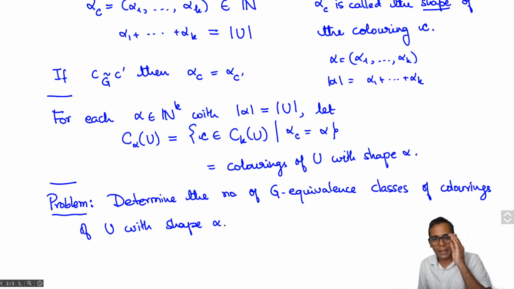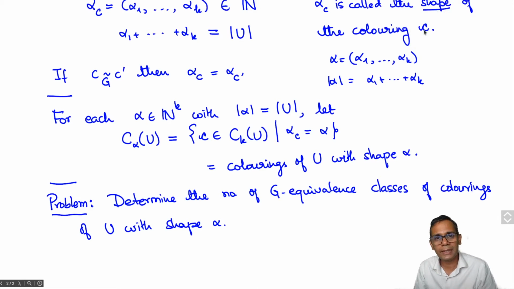When I specify alpha, it's presumed that alpha is a vector with k coordinates. I've also specified the number of colors. And the Polya Enumeration Theorem gives a solution to this problem in the spirit of the orbit counting theorem that we had looked at in the last lecture.